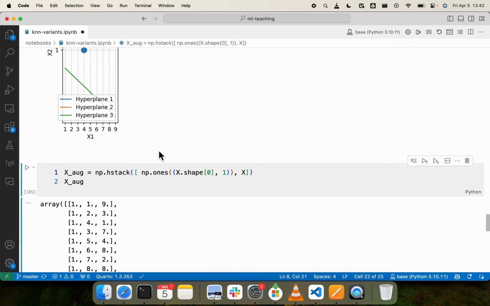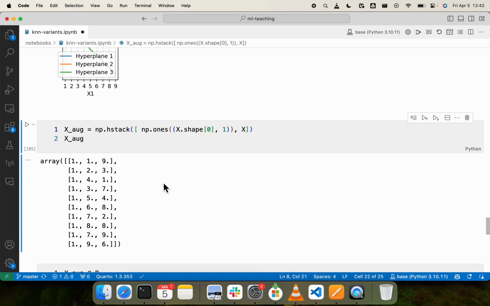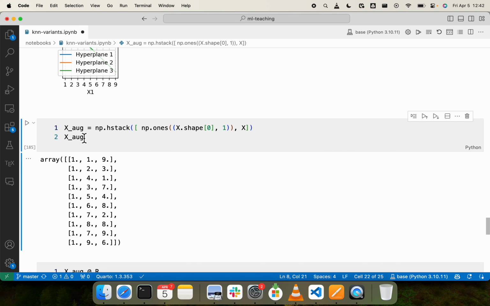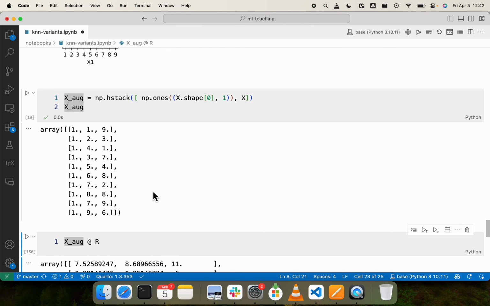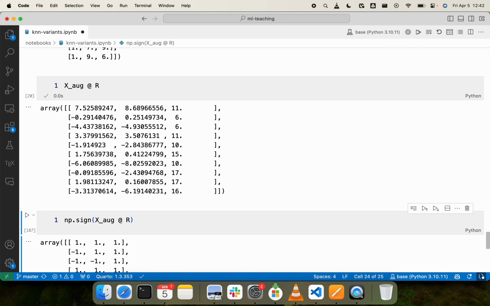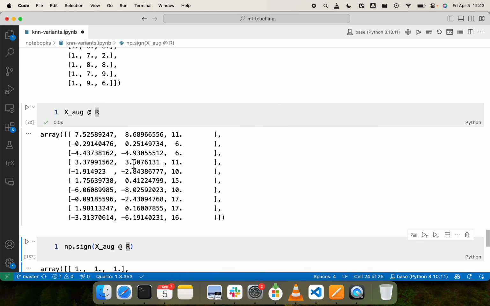Once we get the x augmented, this is when we finally want to do the calculation. I get the x augmented by stacking ones. So I'll get a column of ones, the first point 1, 9 and the last point 9, 6. I can do x augmented matrix multiply R, and I get another matrix of size n cross p.